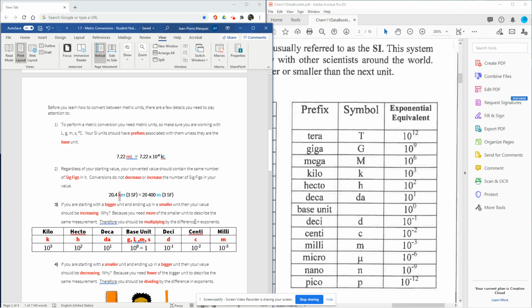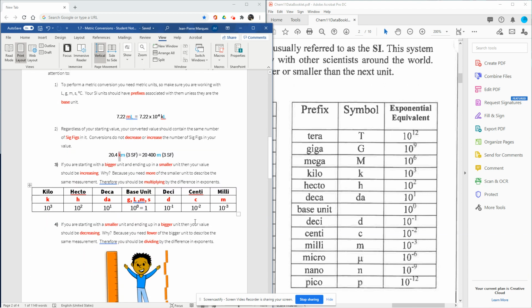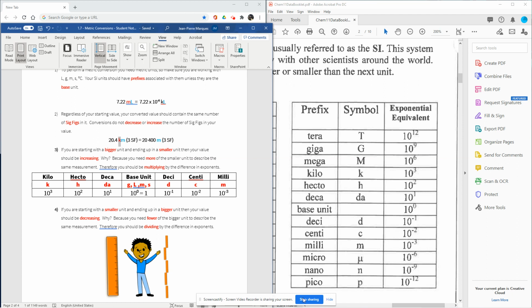Okay, and finally, what happens when you go in the opposite direction? What happens when you start with a smaller unit? If you start with a smaller unit and go into a bigger unit, so for example, let's say I start with the centi prefix, so right here, and then I end up in the kilo, or over here, I'm going from smaller to a bigger. When you go from a smaller unit to a bigger unit, then your value will decrease.